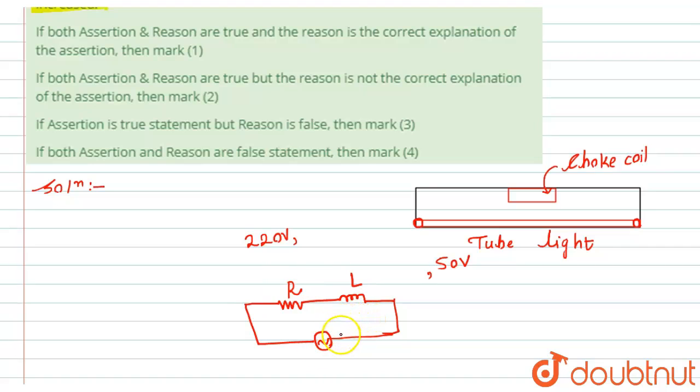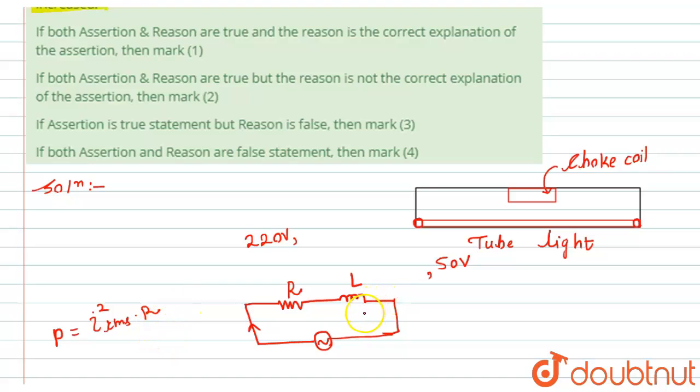For the circuit, the power dissipation is given by the formula P = Irms² R. The power dissipation depends on the current flowing through the circuit and the resistance of the circuit, not the inductance.